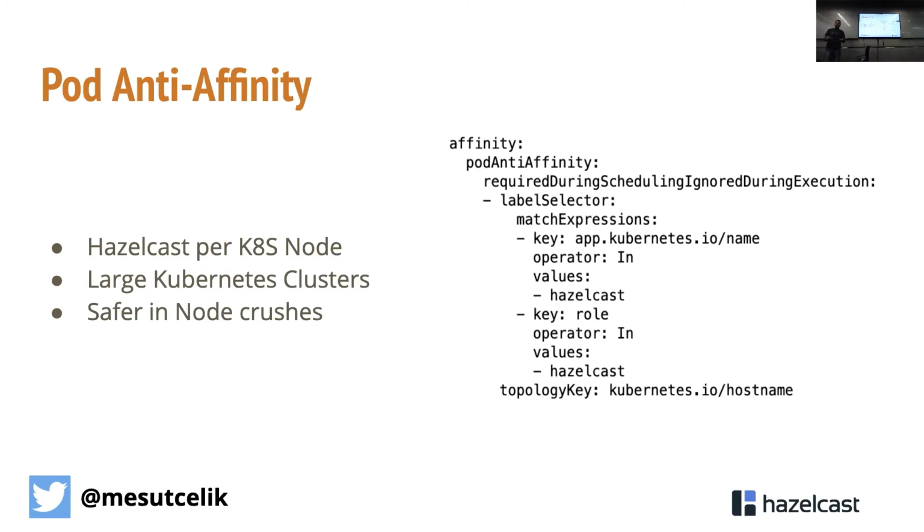When you lose your cache, it costs you something, because you need to reload it from somewhere, from your system of record or data store, etc. With pod anti-affinity, you can tell the scheduler not to put two pods on the same Kubernetes node. You can do multiple things with pod anti-affinity, but that's one thing you can do. This is a basic configuration, and it is available in the Helm chart values YAML too. So you can enable this and deploy Hazelcast.